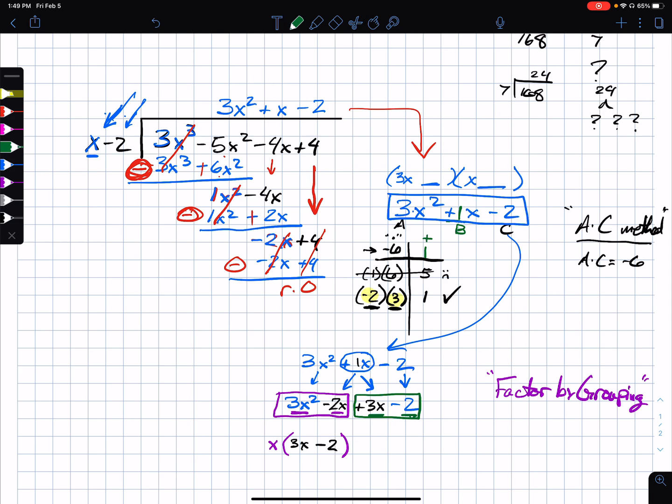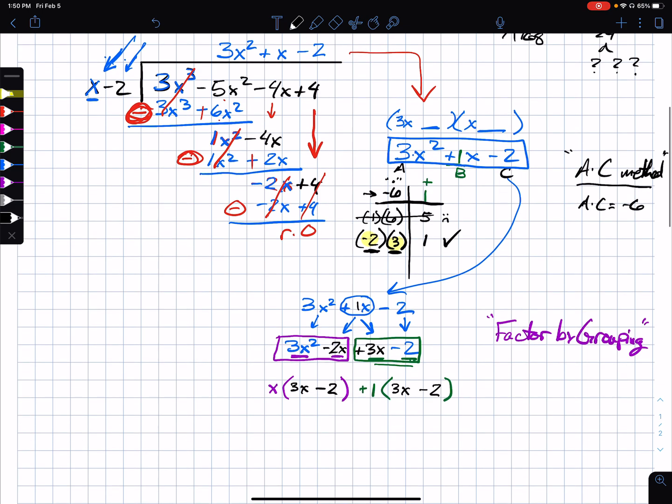This is the thing. When you feel like you're at a dead end with factoring, you can always pull a phantom 1 out. And so 3x times 1 is 3x, and -2 times 1 is still -2. The beautiful thing about factor by grouping is once you get those two little groups factored, you will see a common binomial factor become visible.